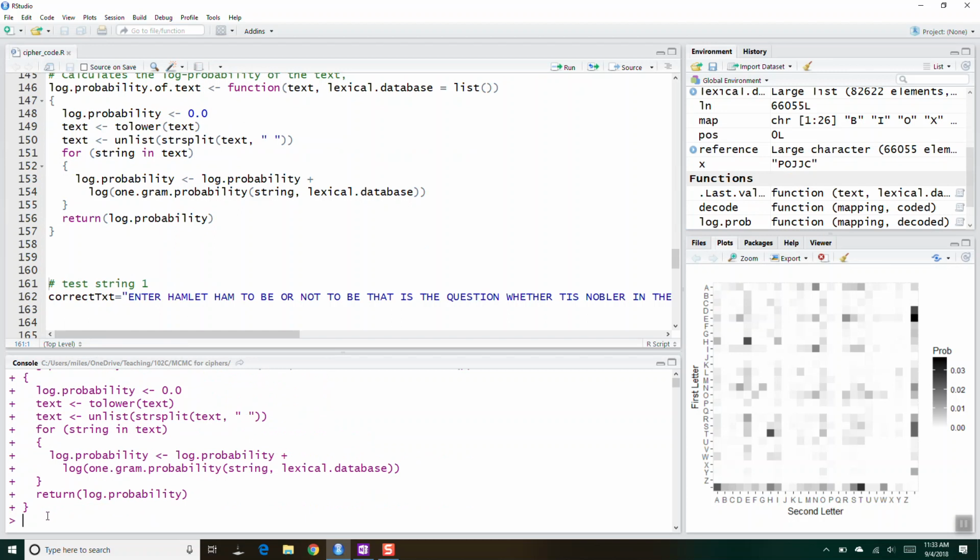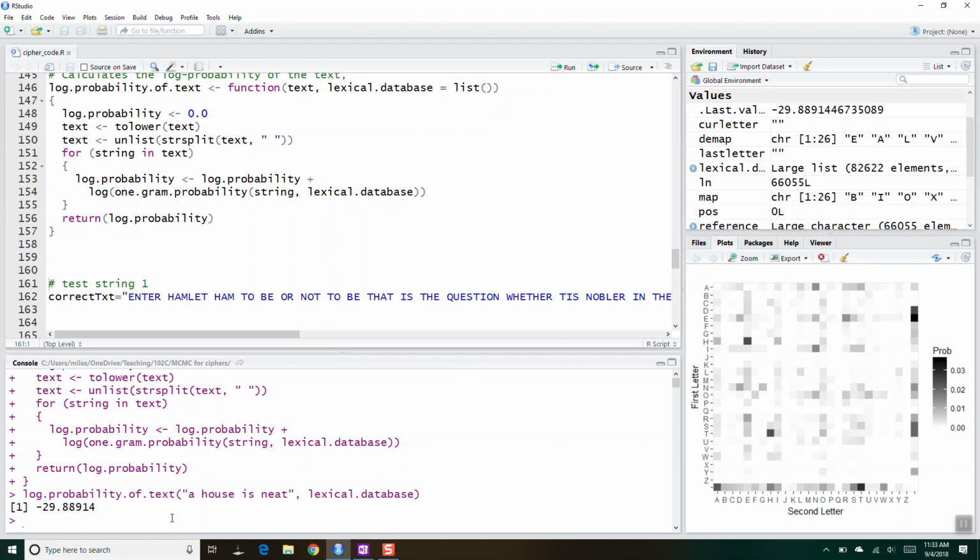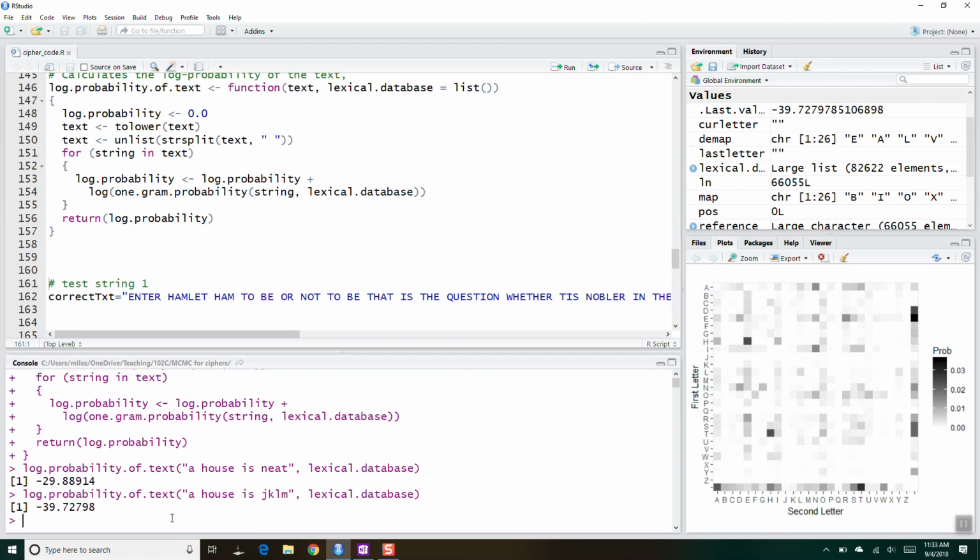Okay, and so log probability of the text, I can say, a house is neat. And it says, okay, here's the probability there, whereas if I replace the word neat with gibberish, it tells you, okay, that's not likely, right?